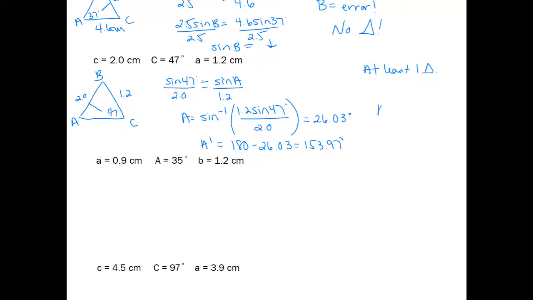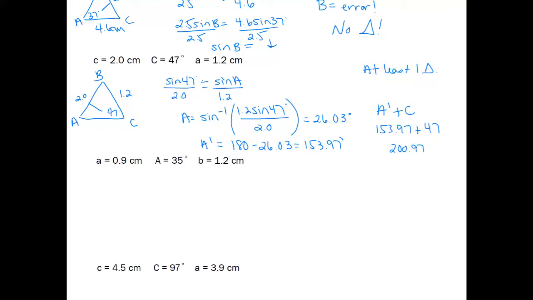So if I take A prime plus angle C, that'd be 153.97 plus 47. How are we going to know if this works or not? Well, let's sum those together, and we get a value of 200.97, which, why would that not work?